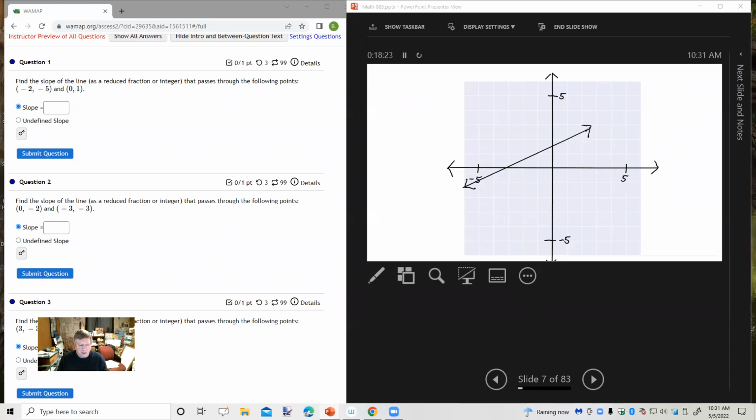To figure out a slope, we go from left to right. This line, going from left to right, is going up at an upward angle. So we would say that this line has a positive slope going up from left to right.